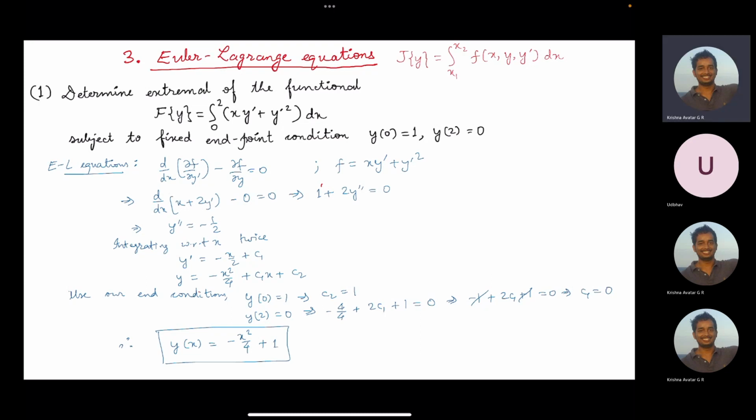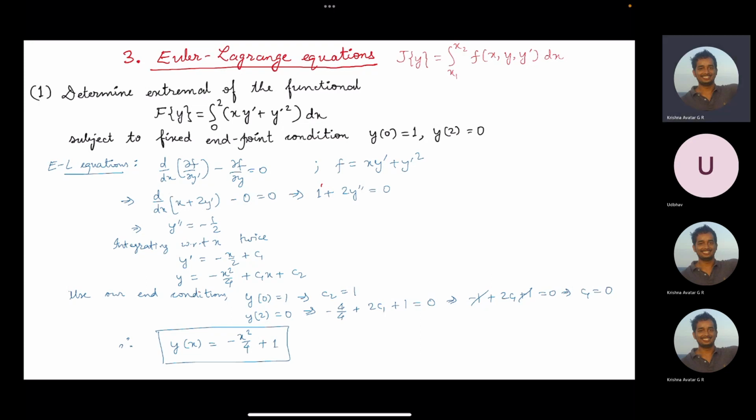So upon integrating the first time, we have y prime is equal to minus x by 2 plus c1, and integrating again, we have y is equal to minus x squared by 4 plus c1 x plus c2.